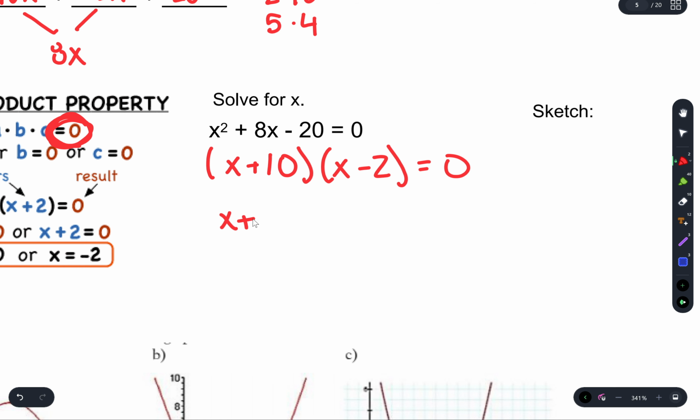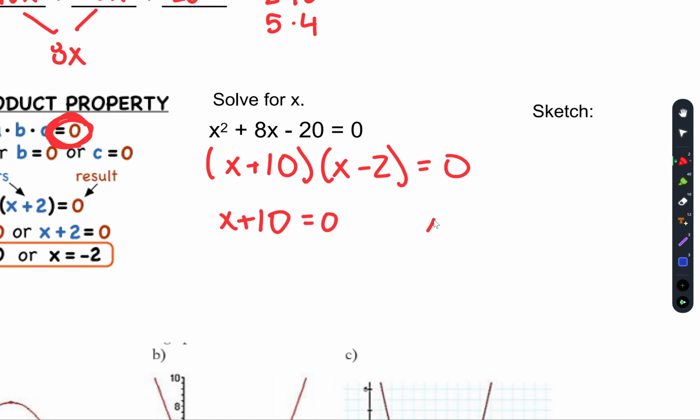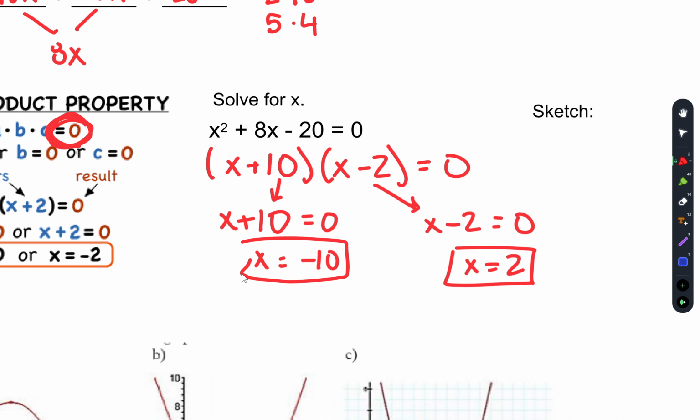So x plus 10 equals 0 and x minus 2 equals 0. And I just do the 1 or 2 steps that it takes to solve for x. So I got 2 answers. Questions about that?